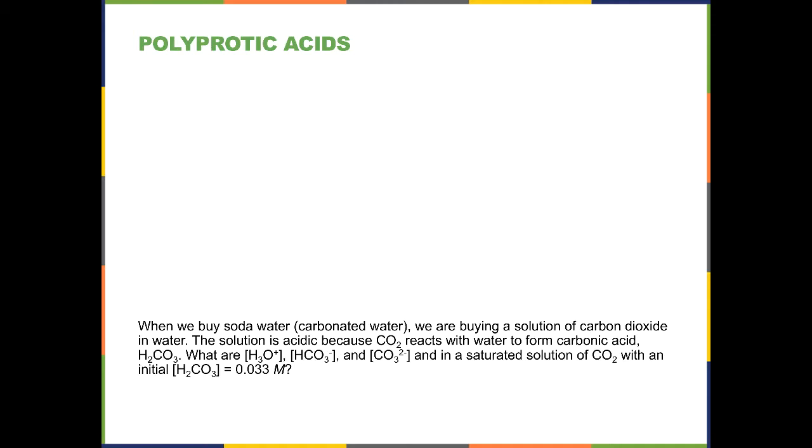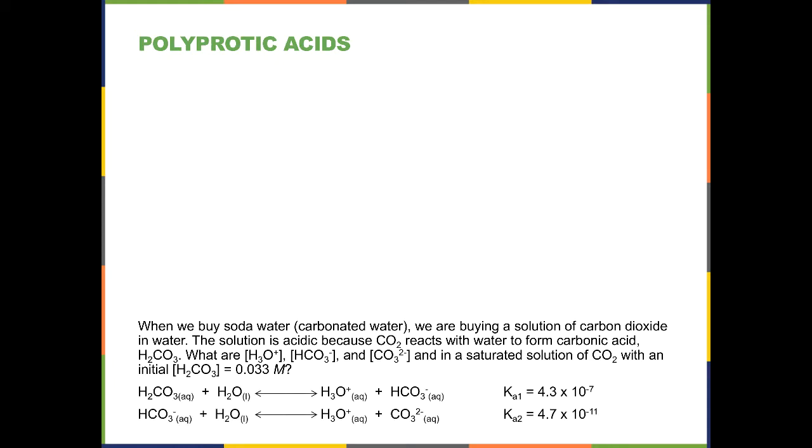Now, let's take a look at how we would go about measuring the hydrogen ion concentration, the bicarbonate concentration and the carbonate concentration if we have a 0.33 molar carbonic acid solution. Again, here are the two reactions. So the first reaction that occurs is the carbonic acid donates a proton to water to form hydronium ion plus bicarbonate.